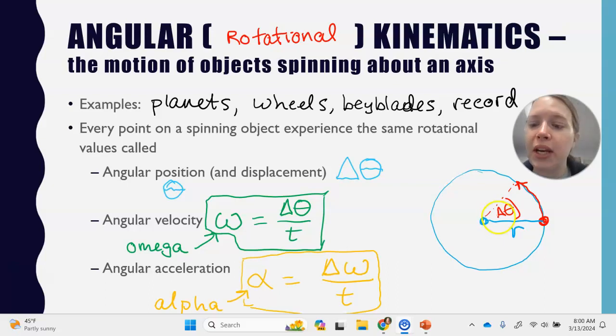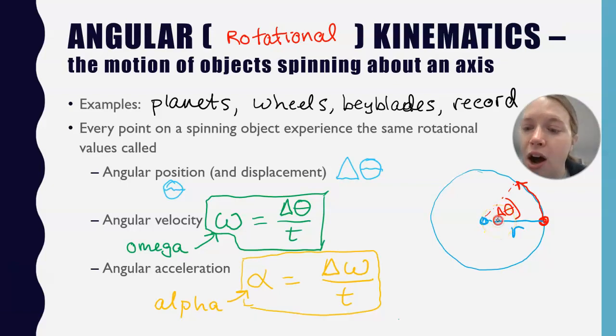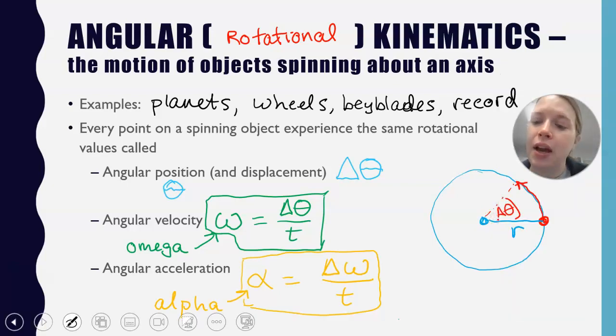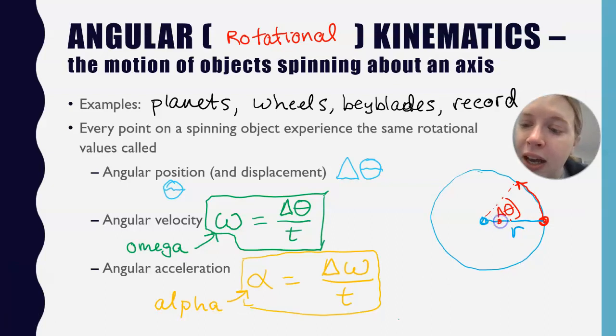And an important point is that along the radial line, all points here have the same delta theta. So they're going to move the same amount of angular displacement in the same time. So they're going to have the same angular displacement.